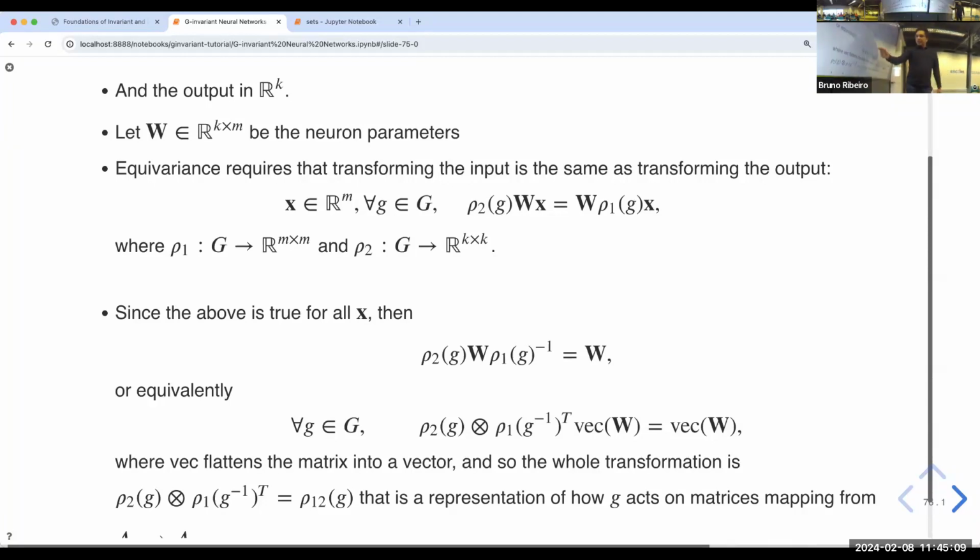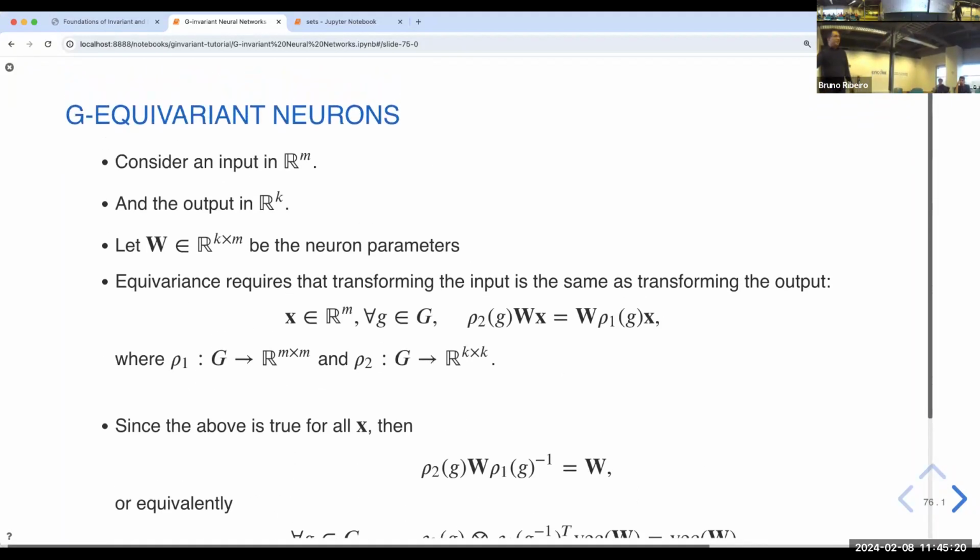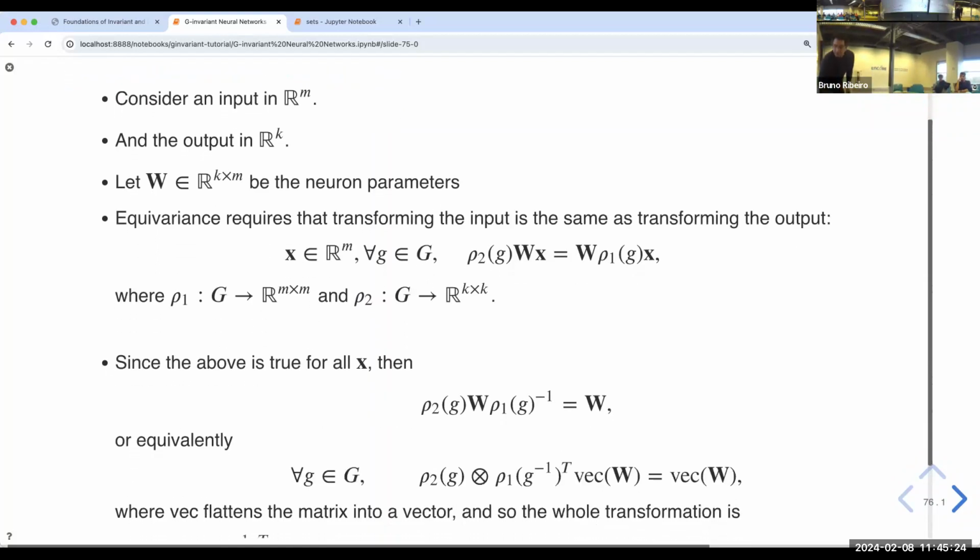Now, the real trick is that I always want to do the transformation on the parameters, and the transformation on the input. And this is not that form, right? But how can I then get this to the other side? Again, I get this parameter matrix, and I'm going to vectorize it. I'm going to make it a vector.